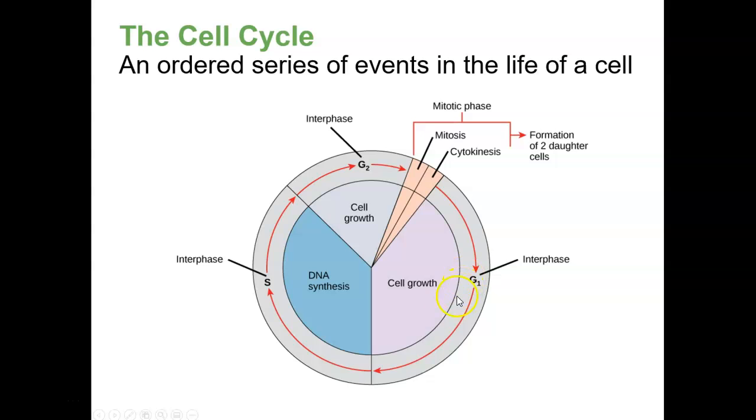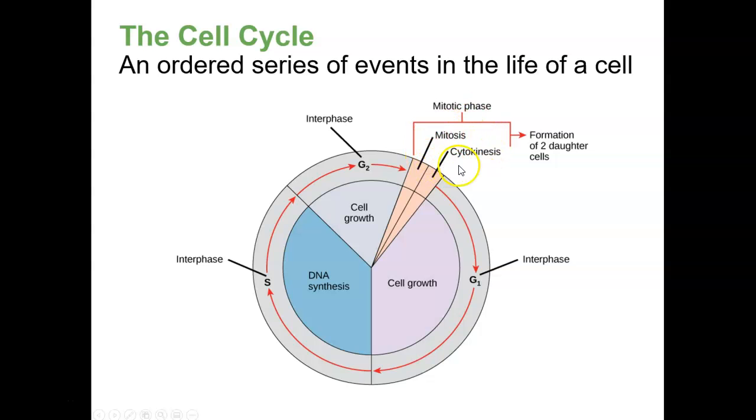All of this purple band together is what we call interphase. The majority of the life of a cell is spent in interphase. At the end of interphase, the end of G2, we enter into a division phase. So we have mitosis and then cytokinesis, and these two steps together make up the mitotic phase.